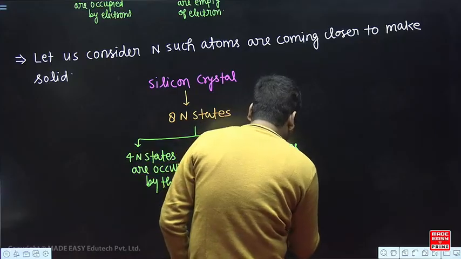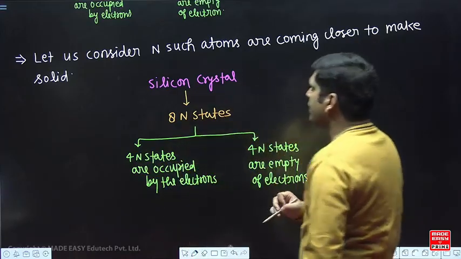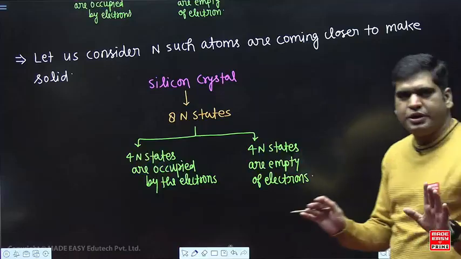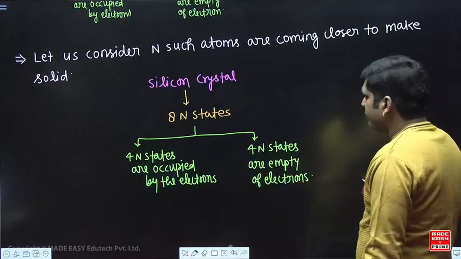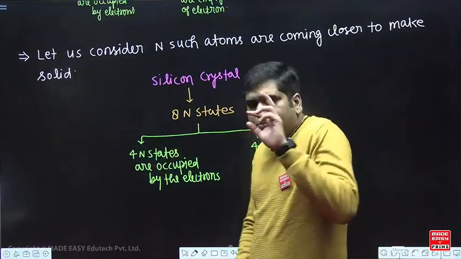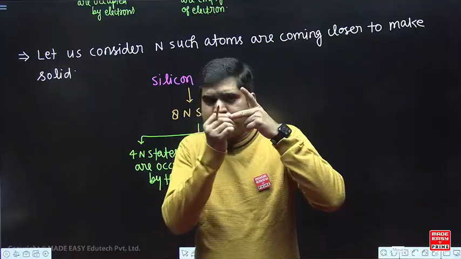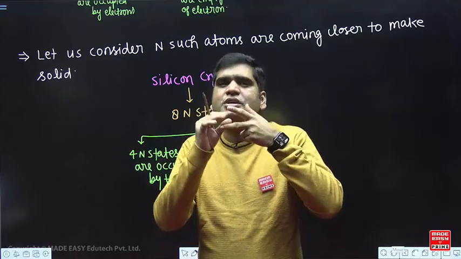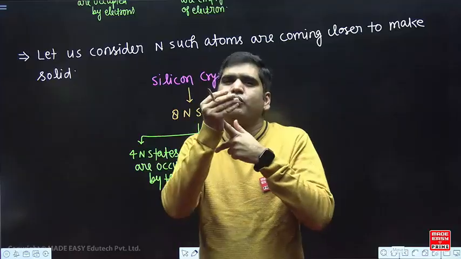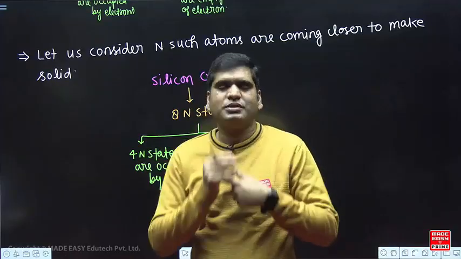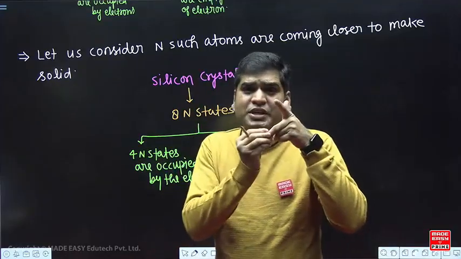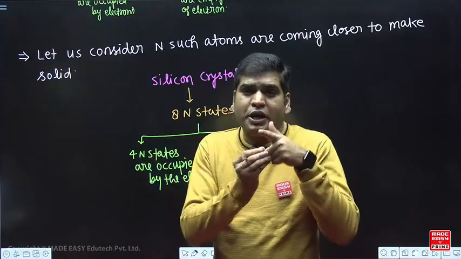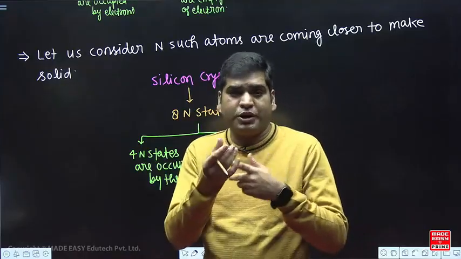Agreed? Now my dear friends, if you have 2 states, then they split into bonding and anti-bonding. So if you have 8 states, then 4 will become bonding and 4 will become anti-bonding, right? So if you have 8n states, then 4n will become bonding and 4n will become anti-bonding.